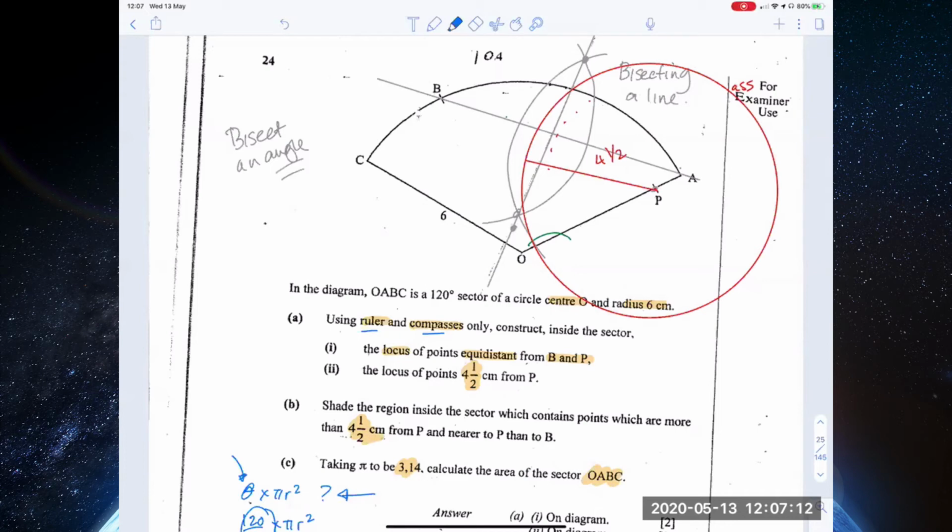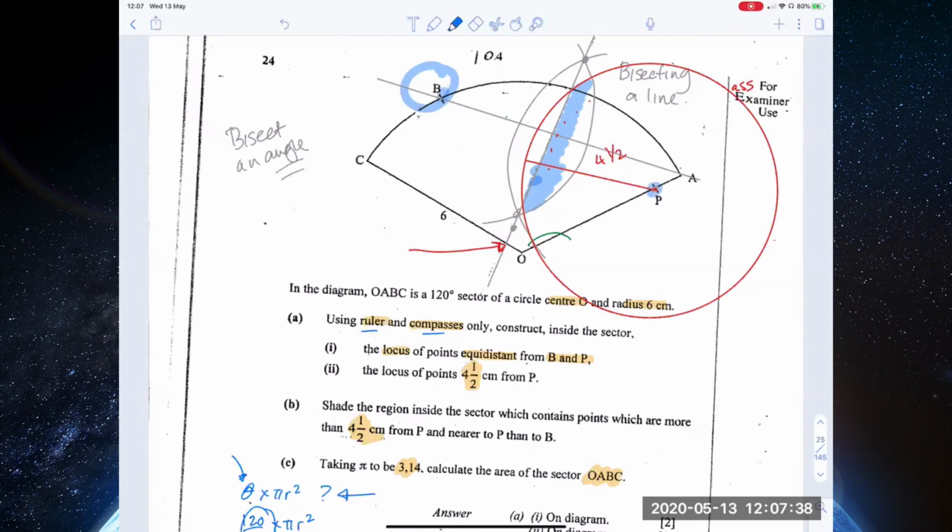And then, you see this line that we drew here? Remember this line, the bisector. So they would have to be on this side of the bisector, isn't it? Because that's nearer to P, because P is here, than to B, because B is there.